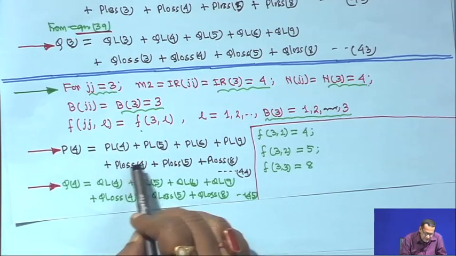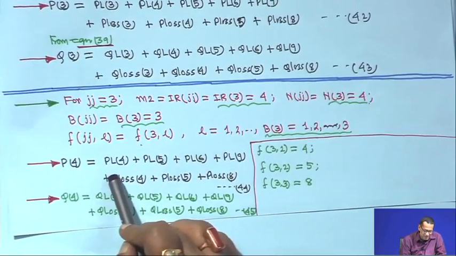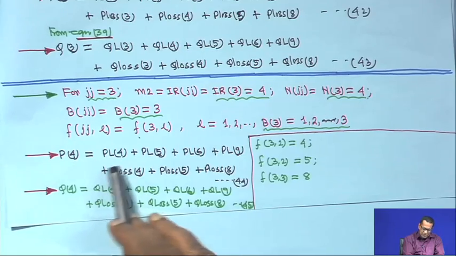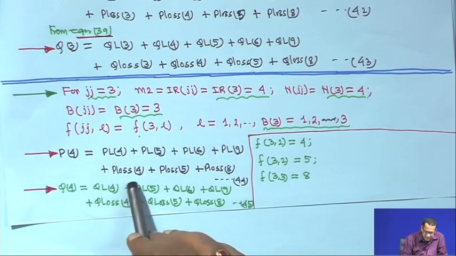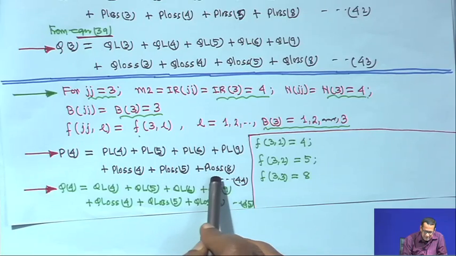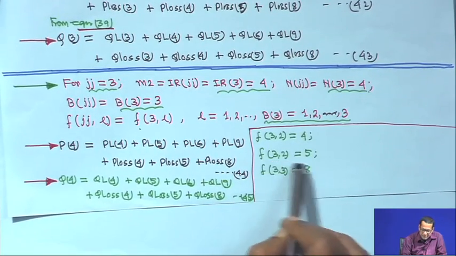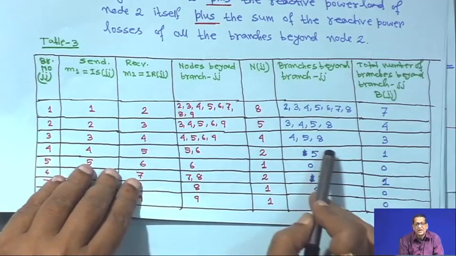Therefore, P4 will use the same equation 38 again. This P is from equation 38, Q from equation 39. So P4 is equal to PL4 plus PL5 plus PL6 plus PL9 and plus P loss 4 plus P loss 5 plus P loss 8, right, and these elements are given here: F31 is 4, F32 is 5, F33 is 8, these 3 elements.